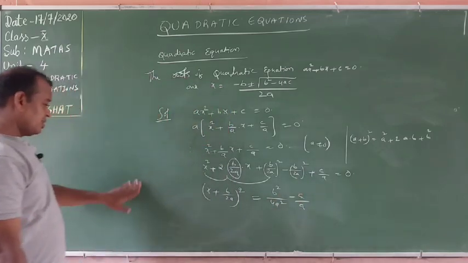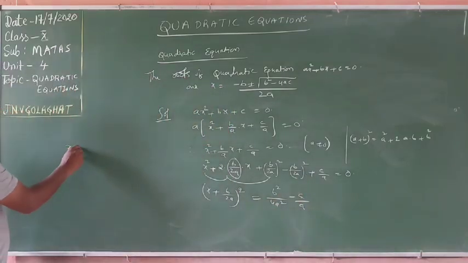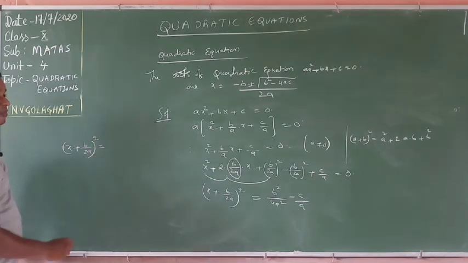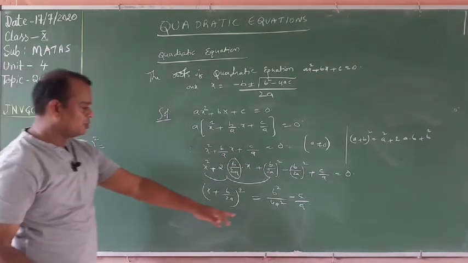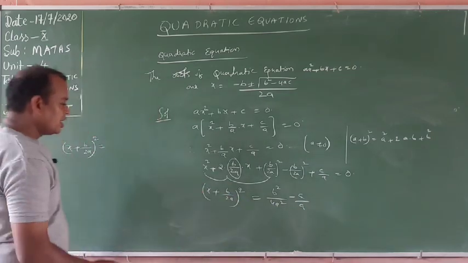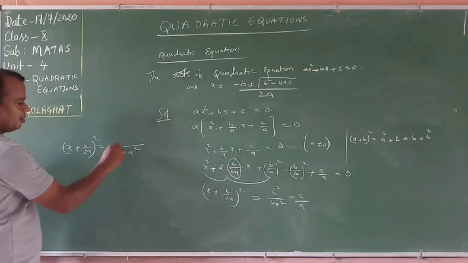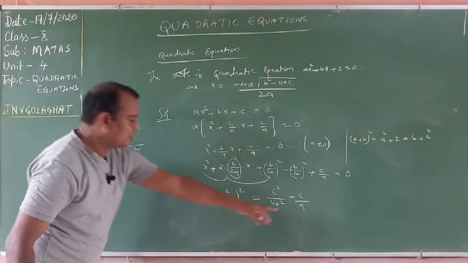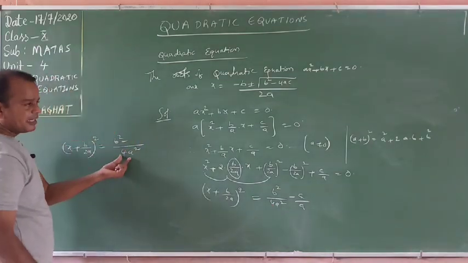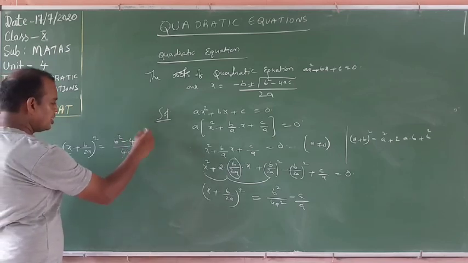Now the calculation part: x plus b by 2a whole square is equal to, taking the LCM 4a square, b square minus, in this one 4a square is there, how many times? 4a times, that is 4ac.